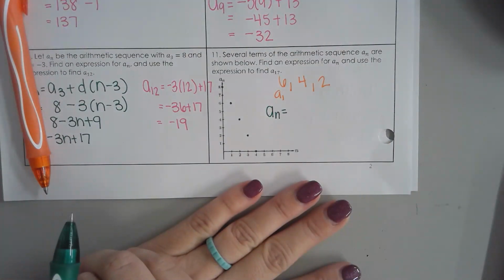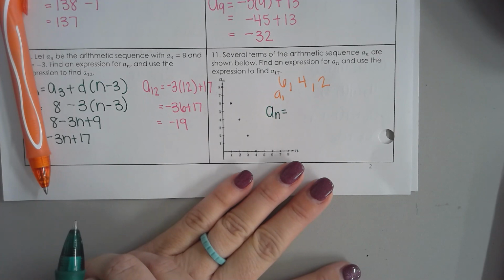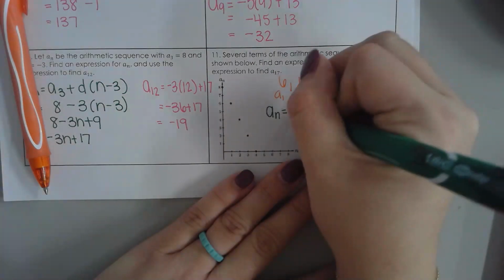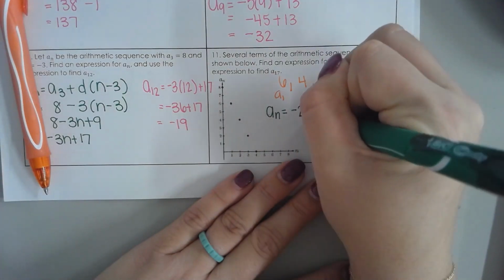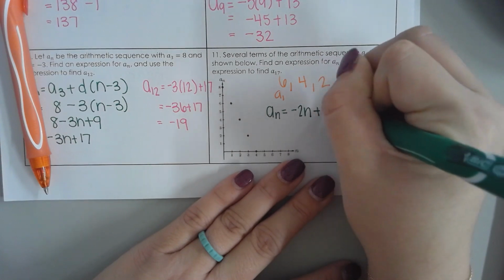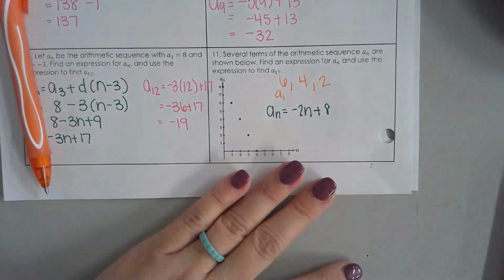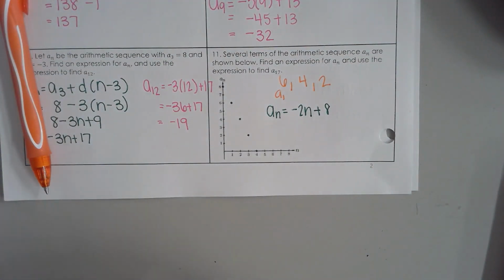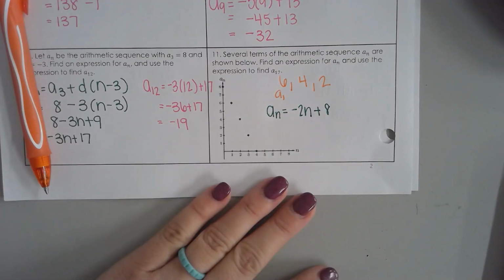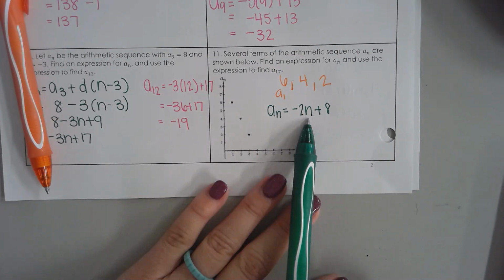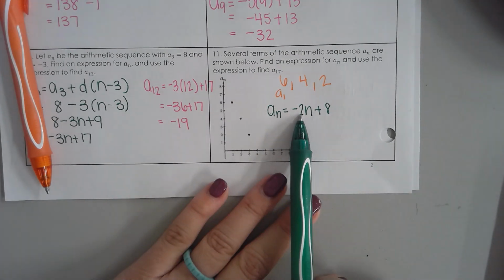What's my common difference? Negative 2. So it would be negative 2n plus 8. My 0 term is 8. This is easier.